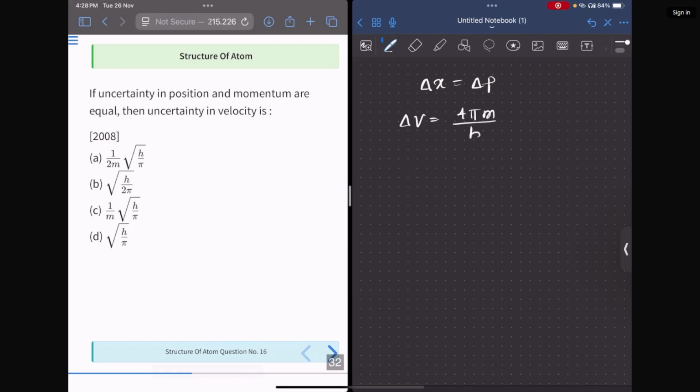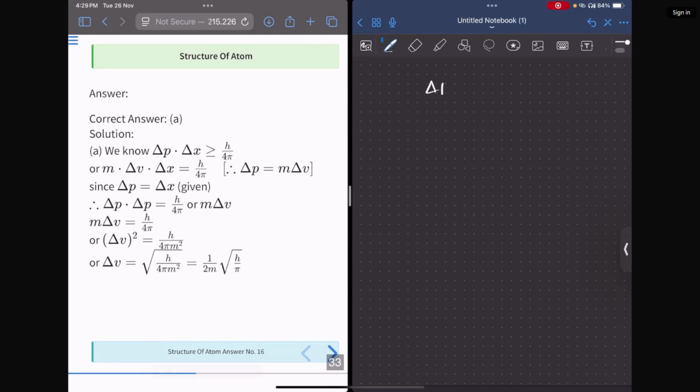Got it? The basic formula is del P into del X is greater than h by 4 pi. Or you can write it like M into del V into del X is equal to h by 4 pi.